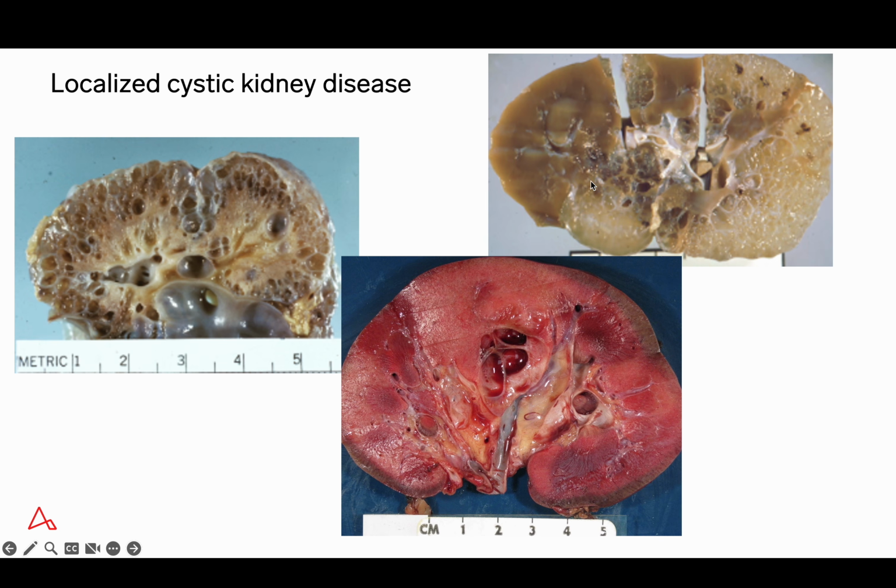If we move to the upper right, we can see a kidney that shows more limited involvement, although still extensive, with some portions of the kidney completely normal, but approximately 2/3 of the kidney are transformed into a cystic mass, and you'll notice there's no encapsulation of the mass. Finally, the bottom image shows a very small lesion of localized cystic kidney disease.